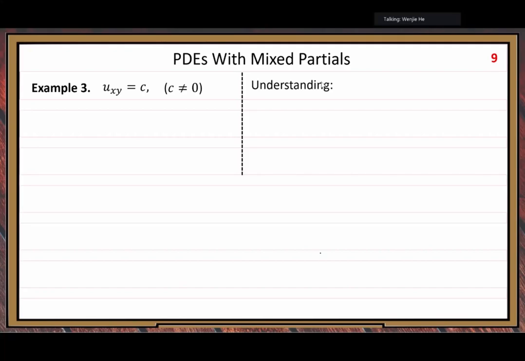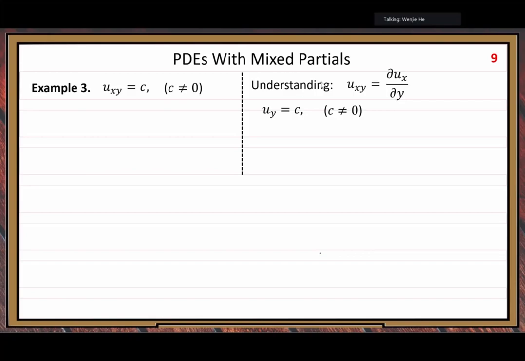First, let's separate the two partial derivatives. Let's consider its partial x first, partial y, then we use our example 1 solution.